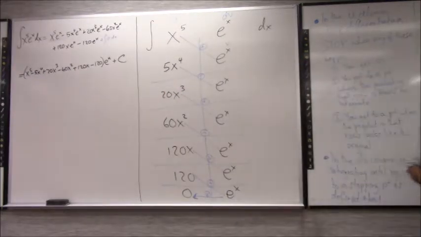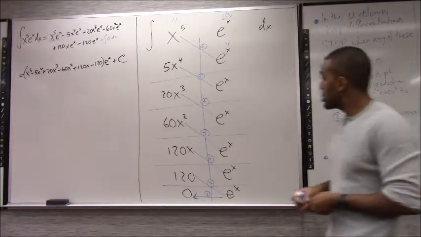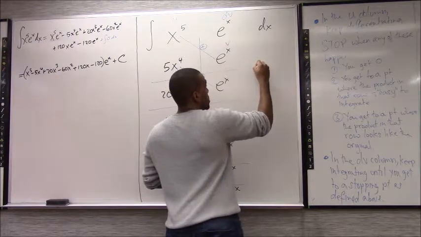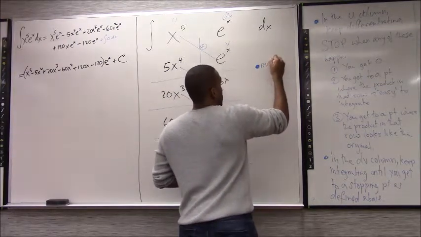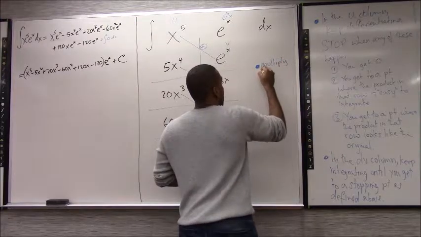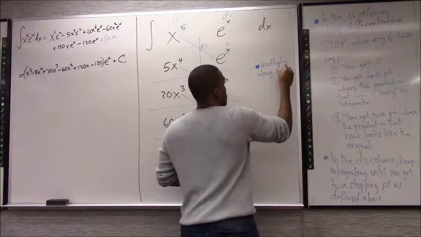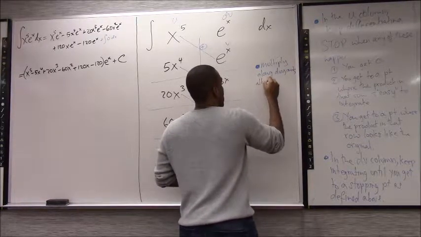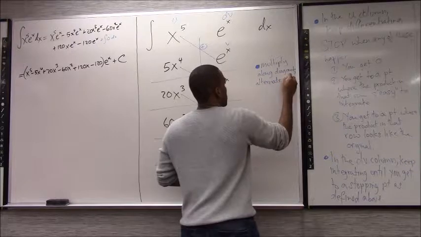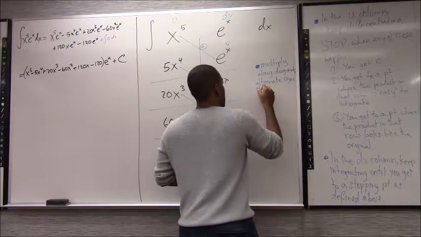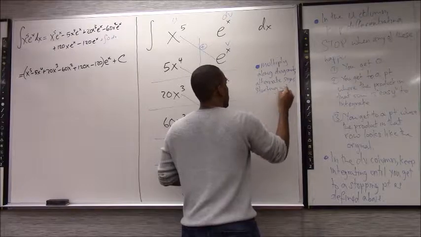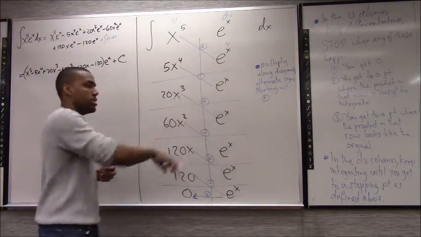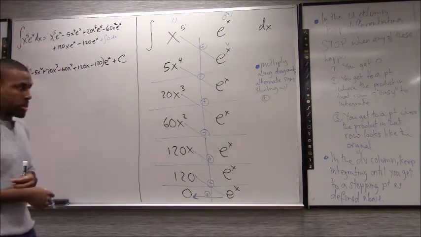And you say you've done the tabular method. So that would be the third bullet point, is to multiply along the diagonals, alternate signs, starting with plus. So the very first multiplication is a plus sign, but you alternate the signs that you're multiplying by before.